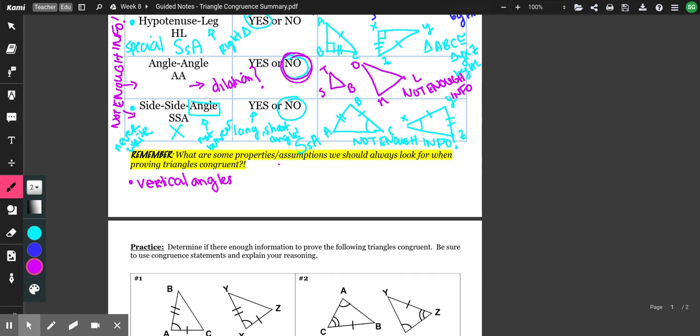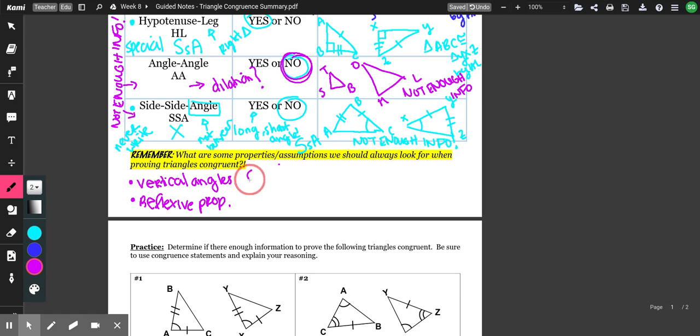You're going to have to look and make some conclusions based off of that information. So it's true, but you don't necessarily see it. We also had, along these same lines, the reflexive property. If they share a side, it's congruent, right? So these two are things that everyone knows is true, but we don't necessarily see it.